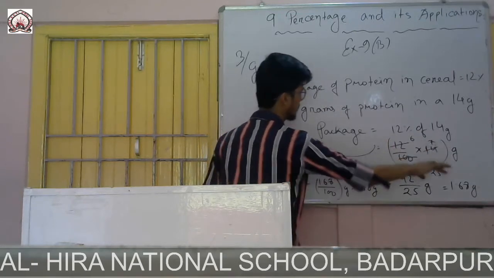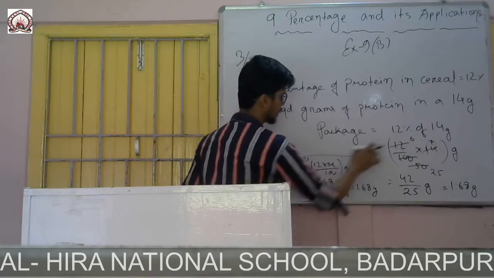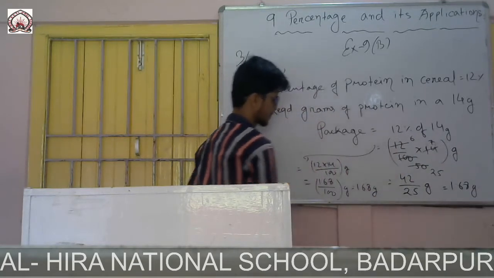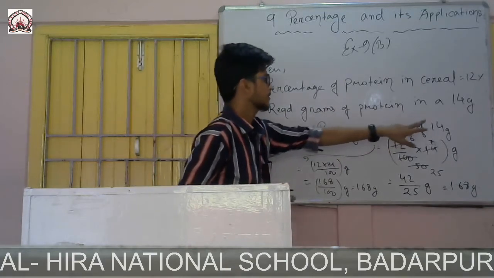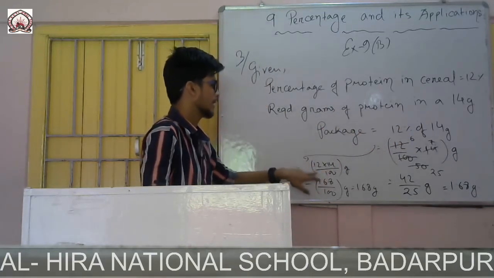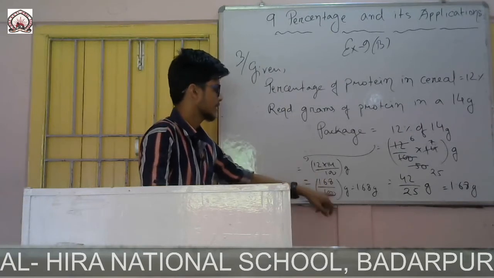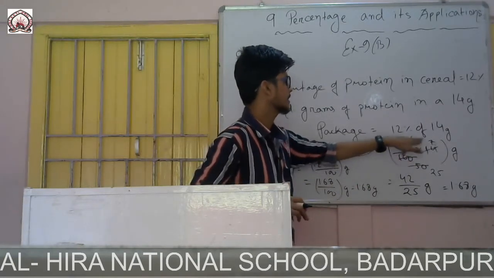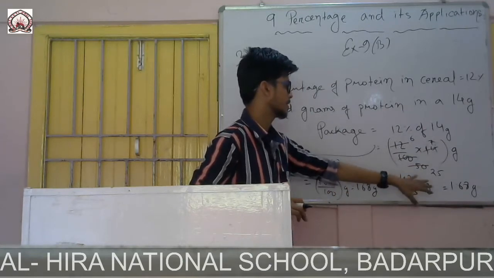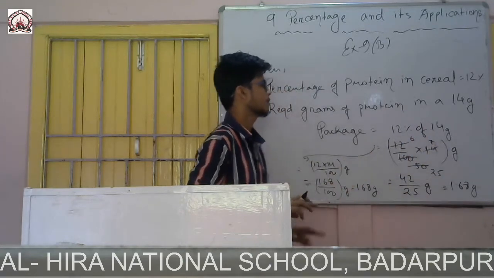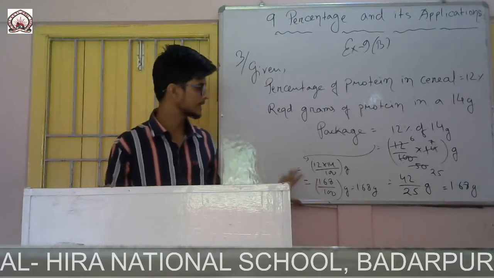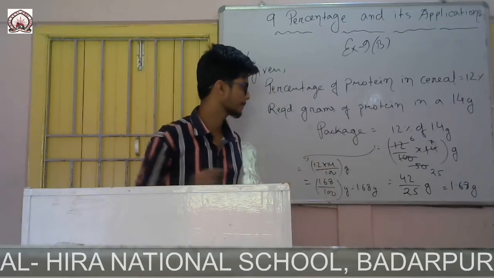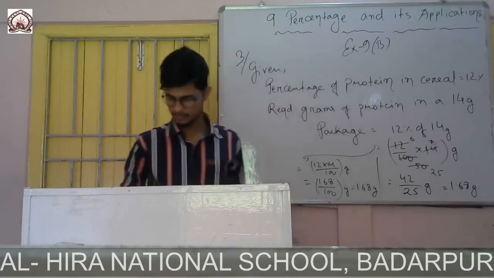So whichever you feel is easy, do that one. 12% of 14 gram means 12 into 14 by 100, 12 14s are 168 by 100, 1.68 gram. Or after cancelling, 7 6s are 42 by 25, then divide it and you find 1.68. Whichever you feel is easy, do that. I think this one is easy.